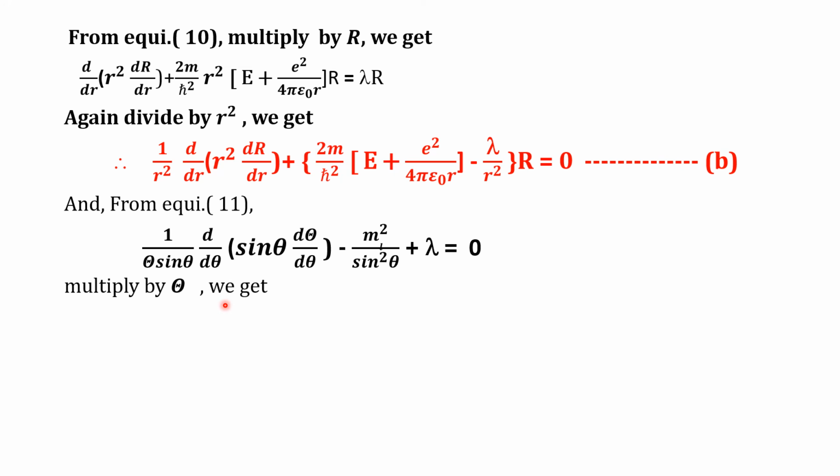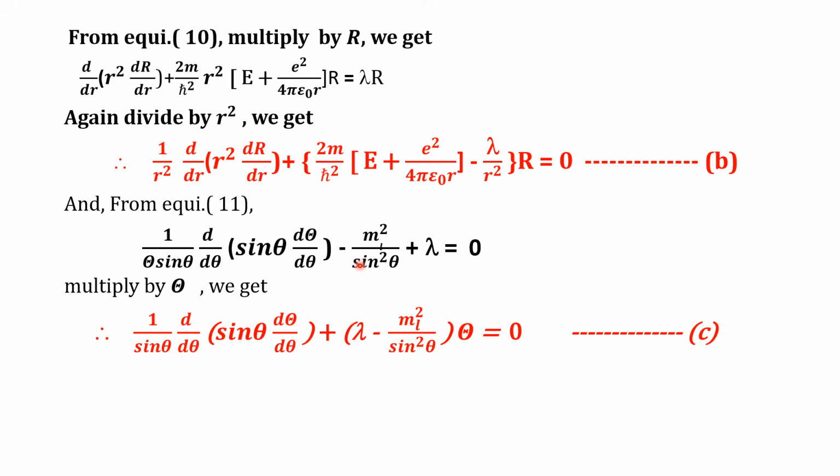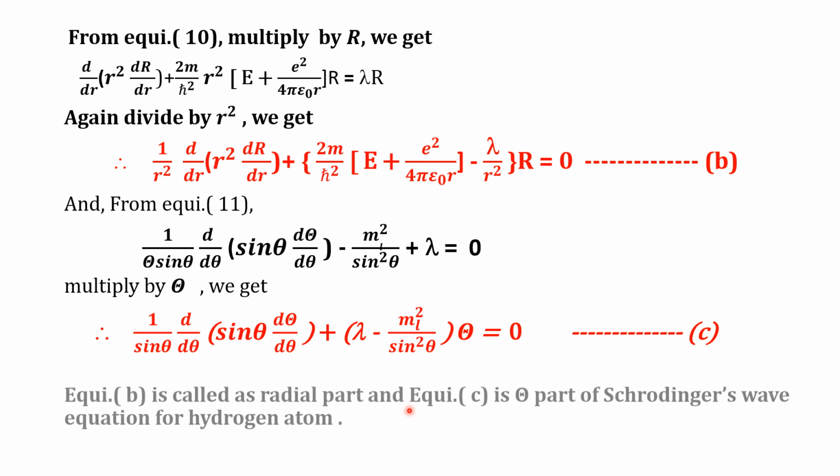If we multiply by Θ, the equation becomes 1/sinθ d/dθ(sinθ dΘ/dθ) + (lambda − m_l²/sin²θ) Θ = 0, and equation C is known as the theta part of the equation.